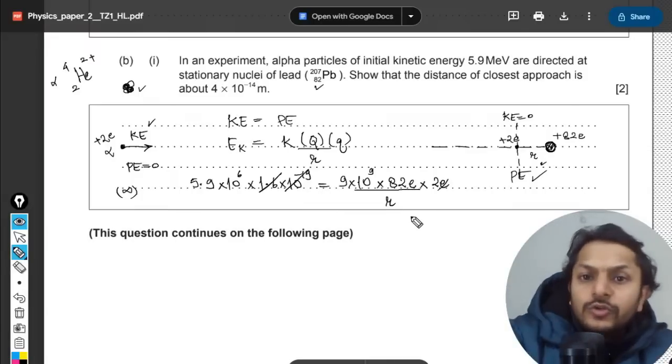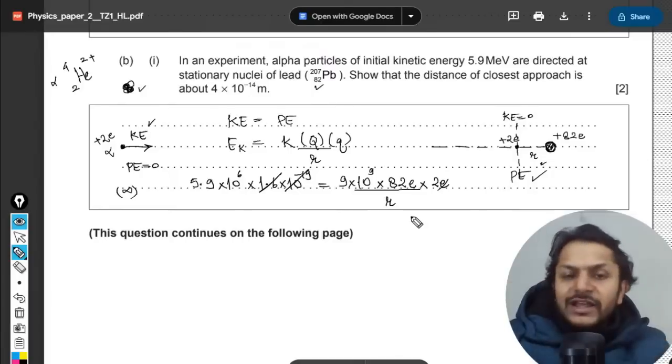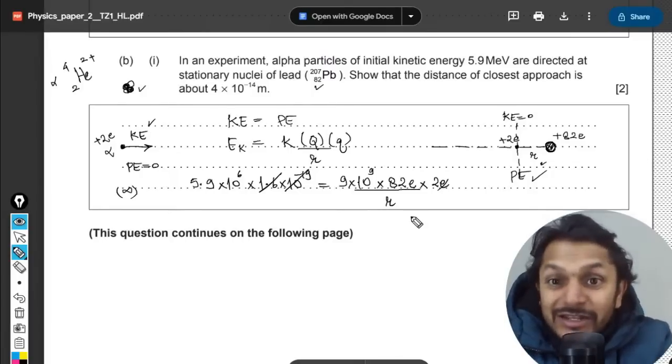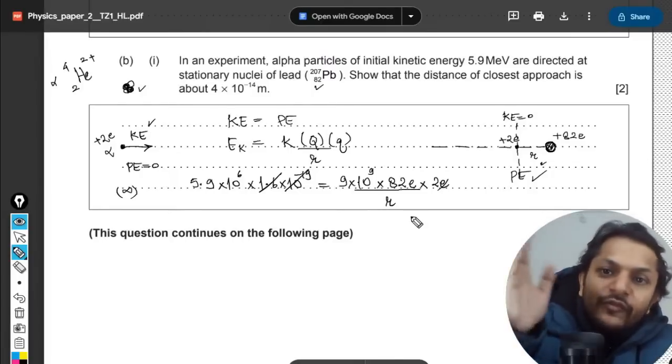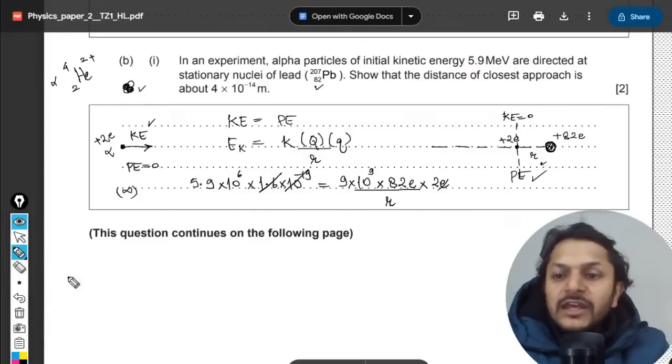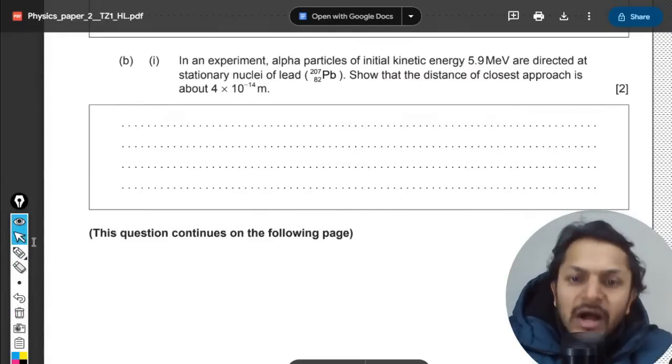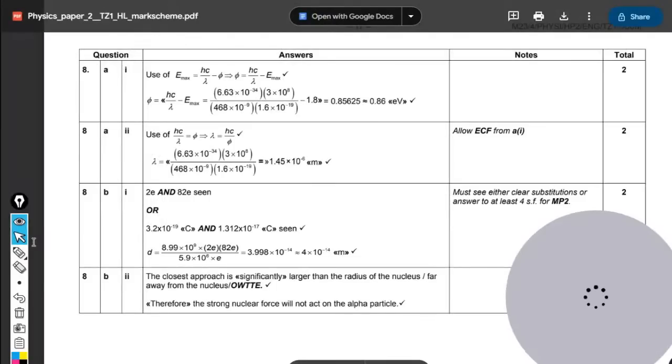Again, we are not going to do anything as of now. You can use the calculator and you will see that you are getting the answer, which is similar to 4 times 10 raised to power negative 14. But let us go to the mark scheme and see what is written there. Here the charge is 2e, and the other charge is 82e.